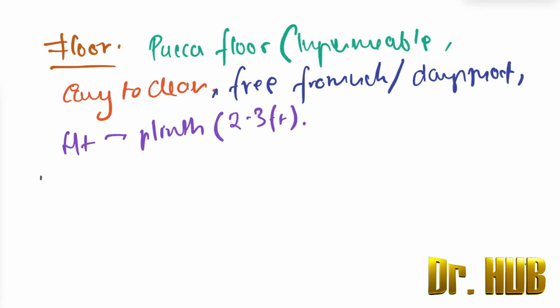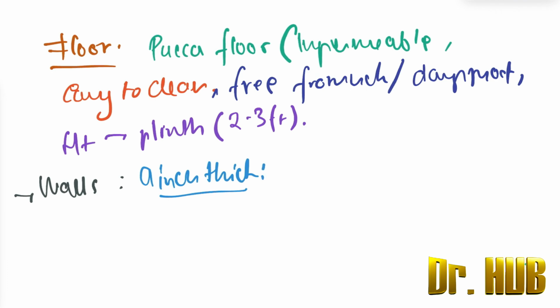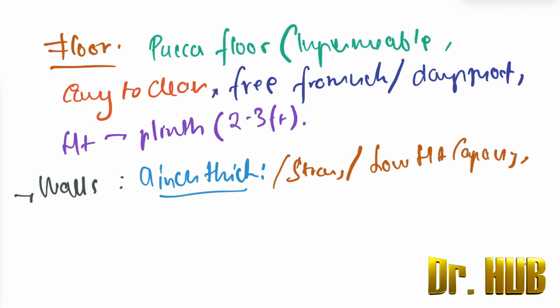Now what about the walls? The walls must be 9 inches thick. They should be strong, with low heat capacity, and weather resistant.